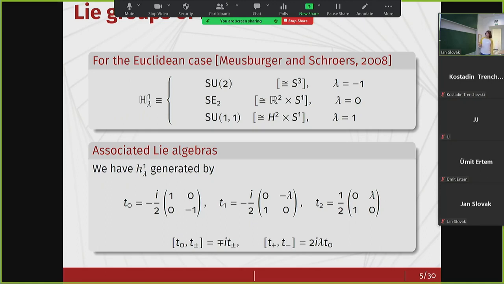I'm using T plus and T minus, where T0 is the one we are not playing with, T plus is T1 plus T2, and T minus is T1 minus T2. Kind of like light cone coordinates, if you want to think of it that way in the Lie algebra.